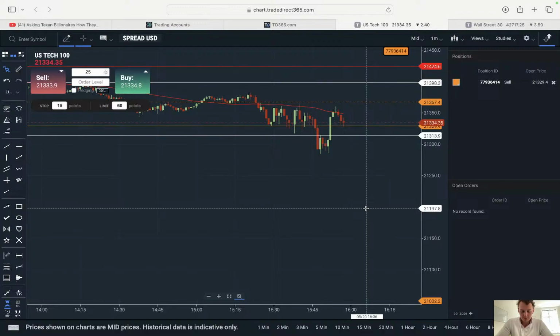Still short, guys, nothing have changed. Yes, I'm still short. Took the same trade on a copy trading account. Still short, nothing have changed.